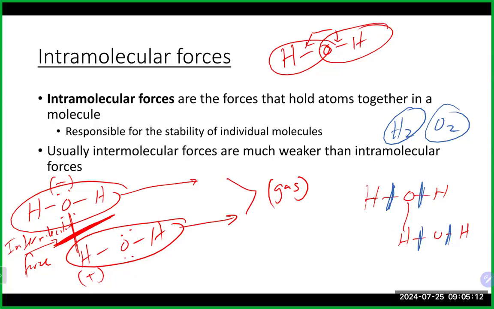We don't produce hydrogen gas or oxygen gas when we just boil water. So the intramolecular force is much, much stronger and holds the entire molecule together, but the force between two different molecules is much, much weaker, which is that intermolecular force. So this does not happen.